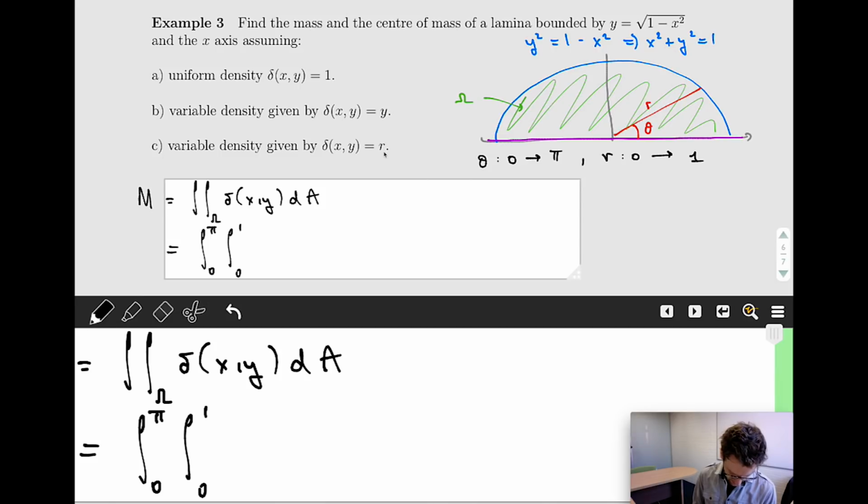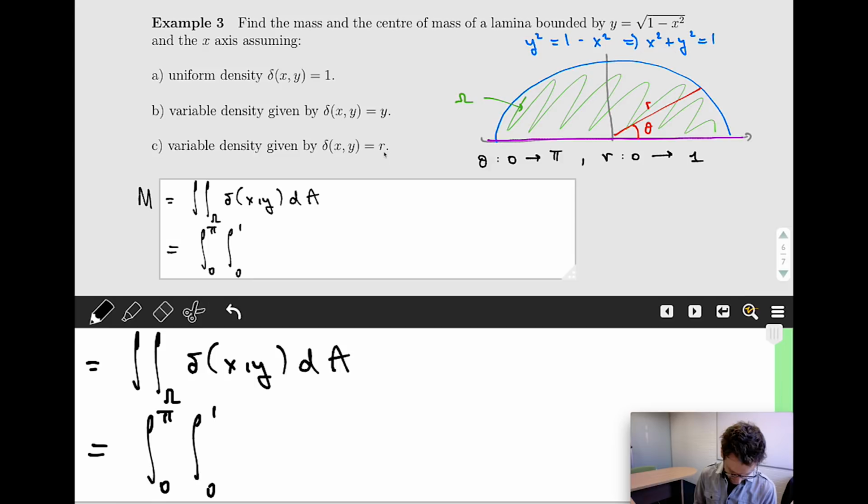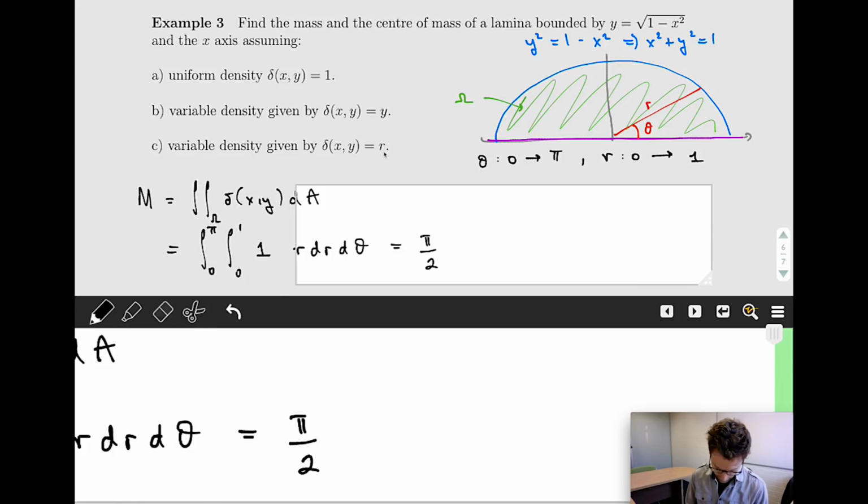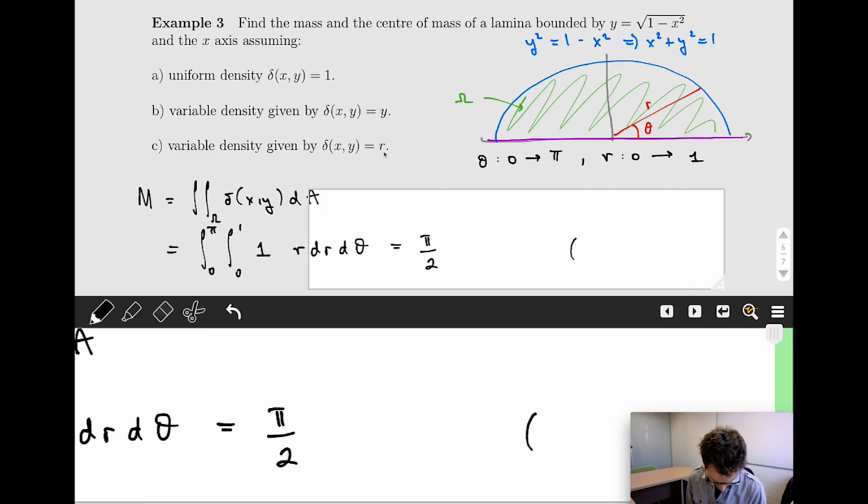My density in this case, for the uniform density case, is just 1. And remember that dA for polar coordinates is r dr d theta. So this is the case when we have uniform density, and you'll find that the mass in that case is simply pi over 2. So this is the case of uniform density, A.